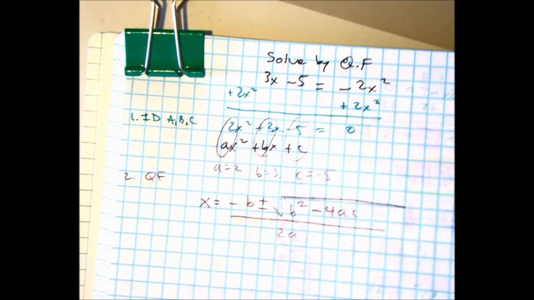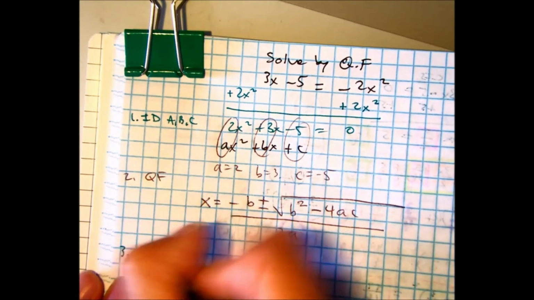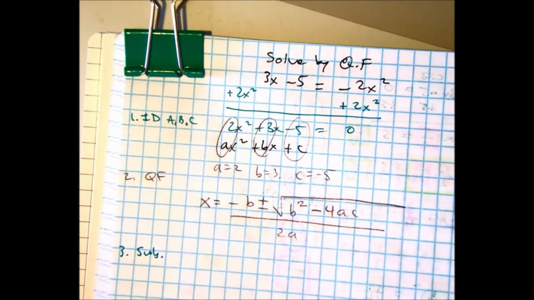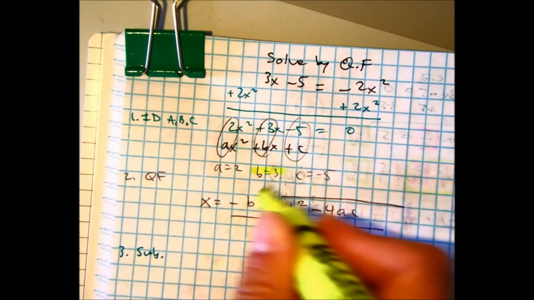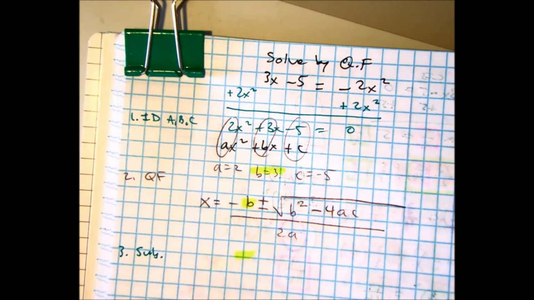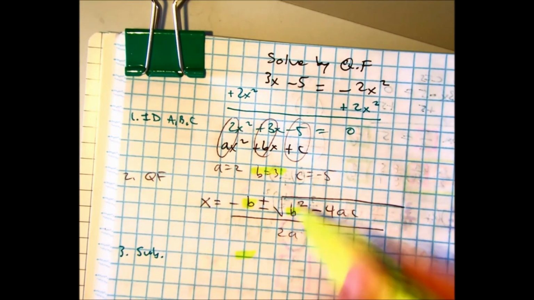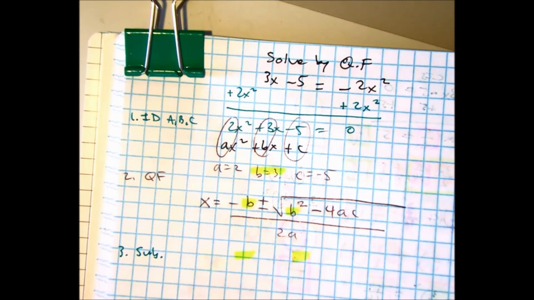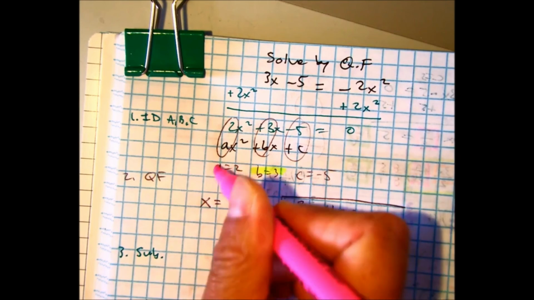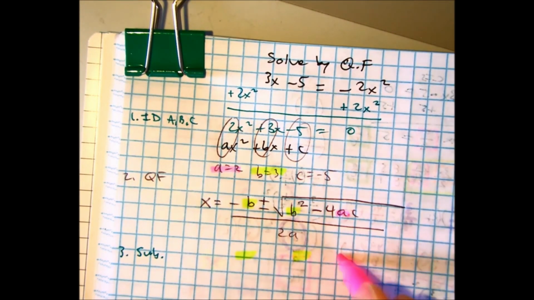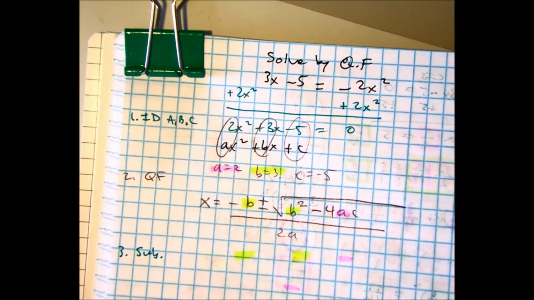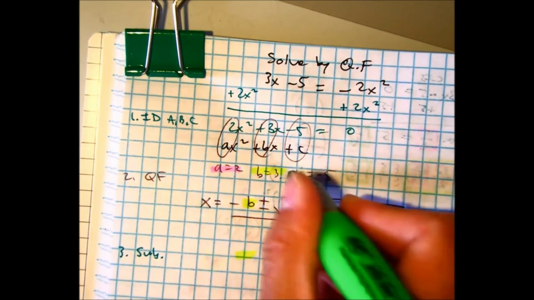Alright, the next thing we're going to do is a substitution. Everyone say substitution. Substitution. Every B value, I'm going to be putting in 3. Every A value we'll be putting in 2. And every, what am I missing? C value will be -5.